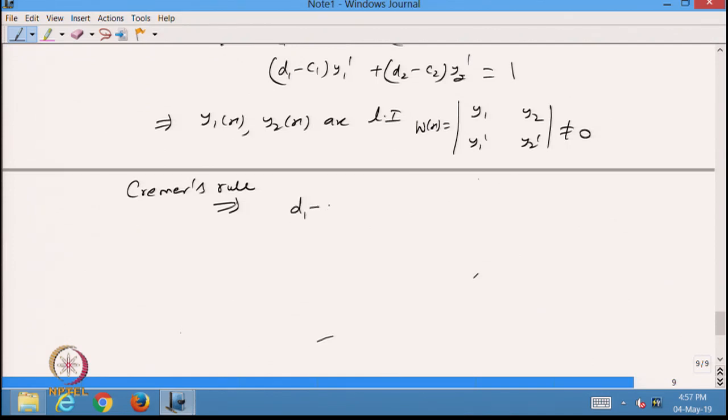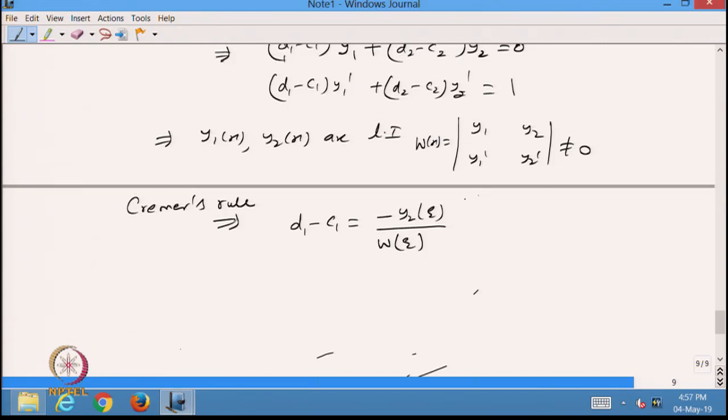So d1 minus c1 will be equal to minus y2 over the Wronskian at x equal to xi, and d2 minus c2 will be y1(xi) over the Wronskian at x equal to xi.